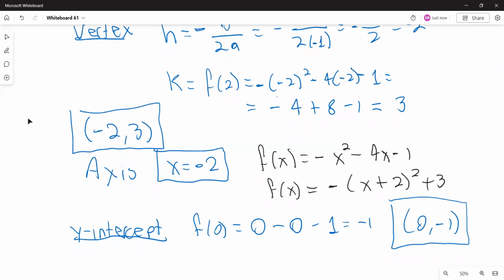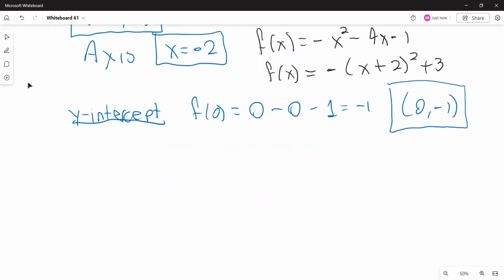The x-intercepts, I will not be able to factor the quadratic function in standard form, so I'm going to use the vertex form. The last one didn't have any x-intercepts.